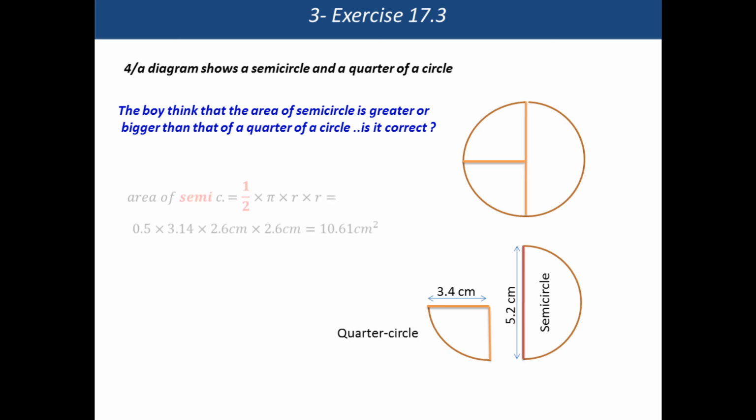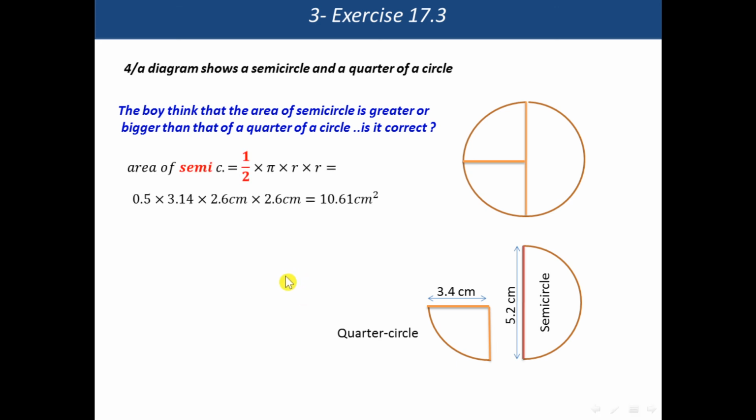So let me start with the area of the semicircle. Now we know the area of the semicircle is 1/2 pi r squared. Why did I multiply by 1/2? Because it's a semicircle. I need the area not of a complete circle but of a semicircle. So it is 1/2 multiplied by pi multiplied by r multiplied by r. What do I use for r? A radius. Do I have a radius here?